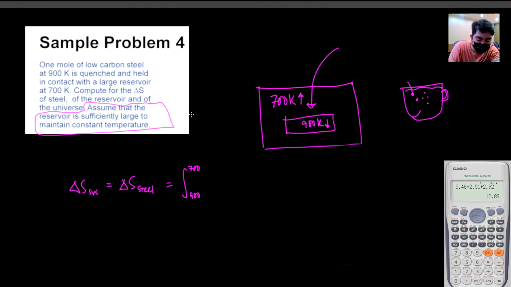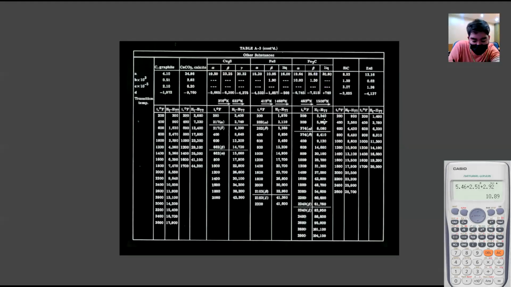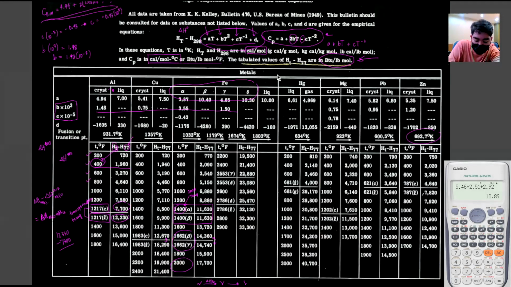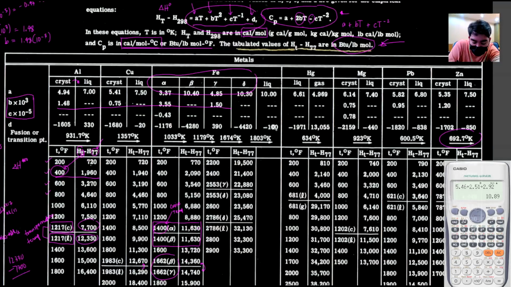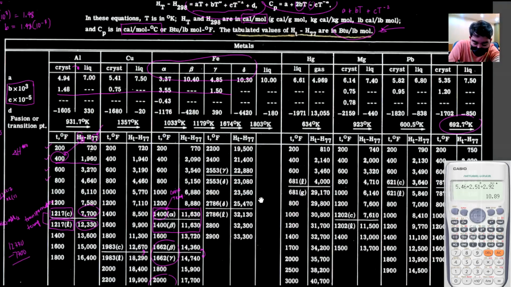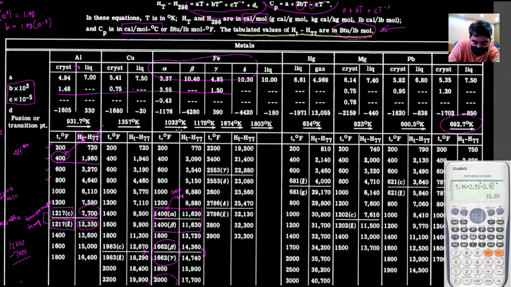So we expect na dapat this is all sensible heat, no? Kasi sa temperature range na to, 900 and 700, if you look at Schumann's table, no? So just to be sure, let's look at Schumann's table. This is all in Kelvin na itong transformation temperatures na to. Nasa alpha range pa tayo. So wala naman tayong tinatawid na transformation.